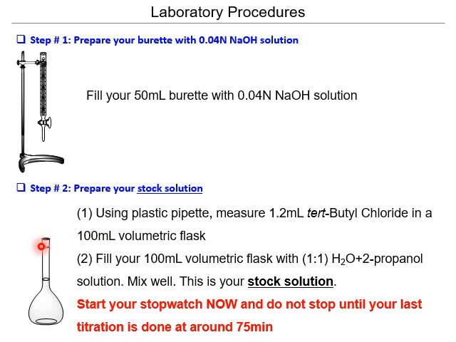Measure 1.2 milliliters of tertiary butyl chloride into a 100 milliliter volumetric flask. Fill the flask with a mixture of water and 2-propanol. The ratio of this mixture is 1:1. Mix the mixture well. This is the stock solution.